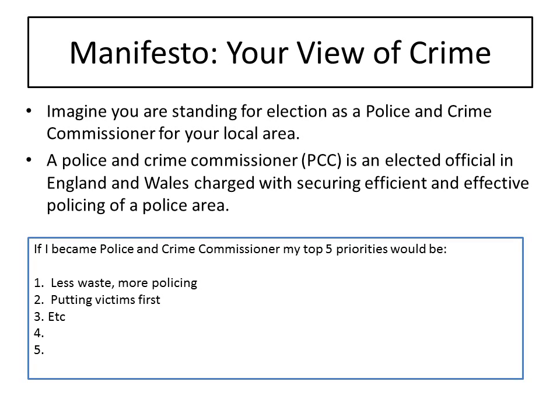So you can either just list them, or if you're feeling creative, you can design a persuasive leaflet that has got your top 5 priorities on. So I'll just show you an example, and then you can have a think about what you would class as your key priorities.